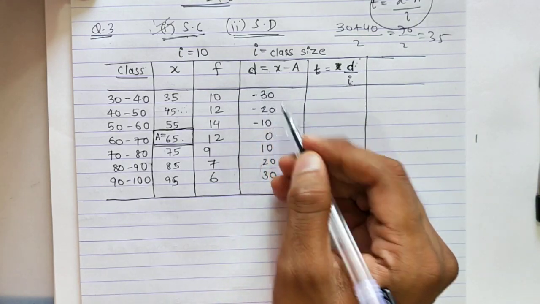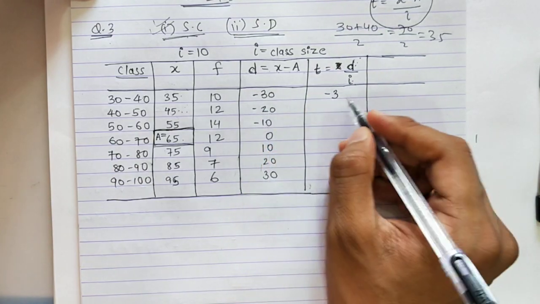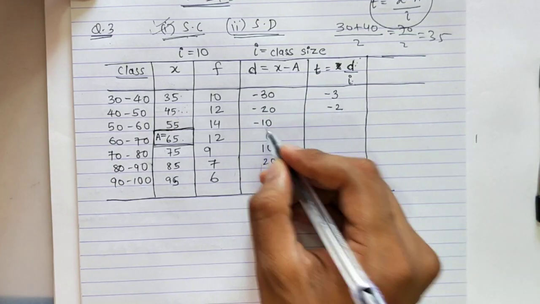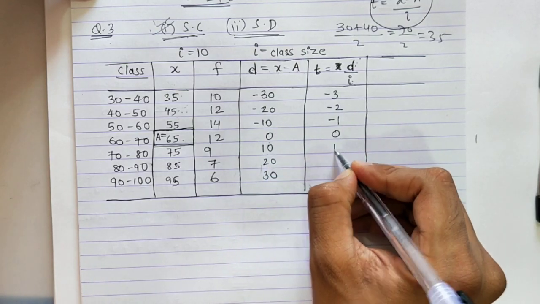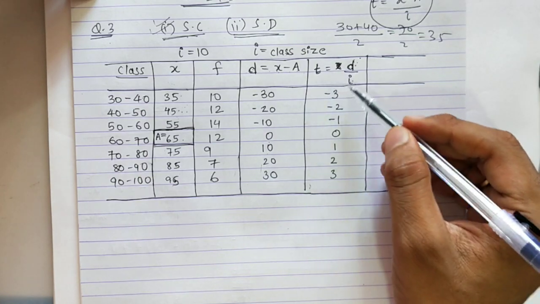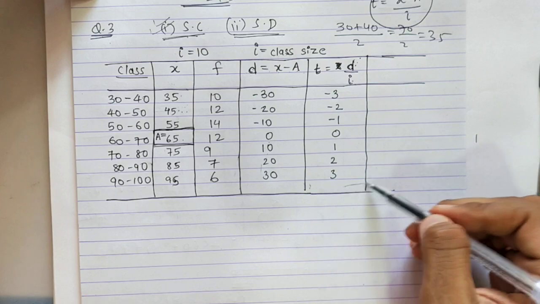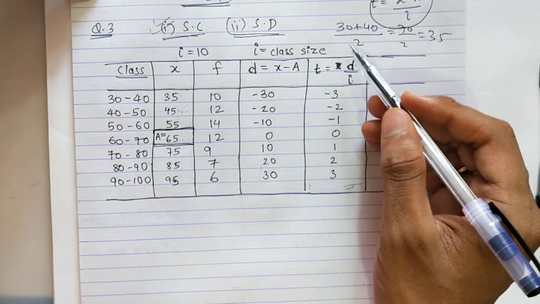So minus 30 divided by 10 is minus 3. Minus 20 divided by 10, minus 2. Minus 10 divided by 10, minus 1, 0. 10 divided by 10, 1, 2, 3. I got the values of T. This was the new column which we find in step deviation. Okay, this is the new part.